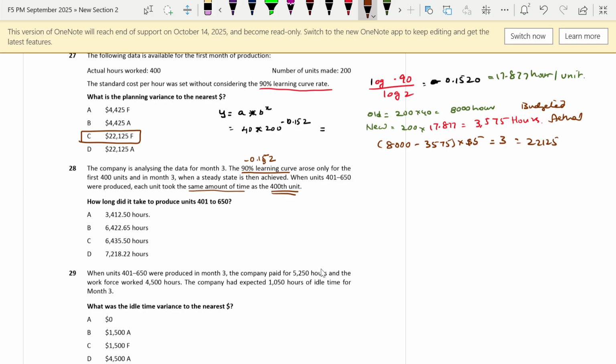First you have to calculate for 400. The number of hours they are using is 40 hours. 40 hours times 400 to the power of minus 0.152. How much will you get? Tell me.